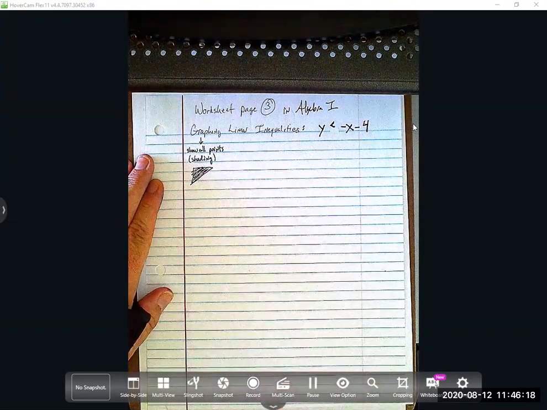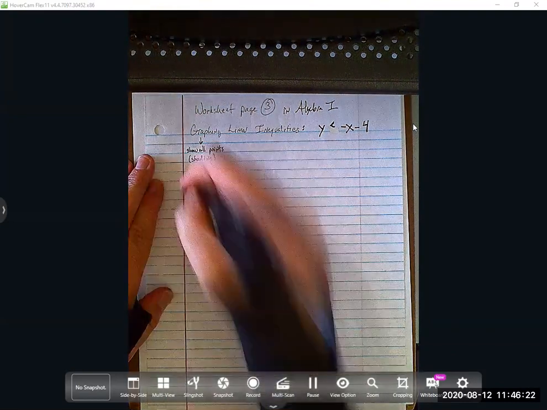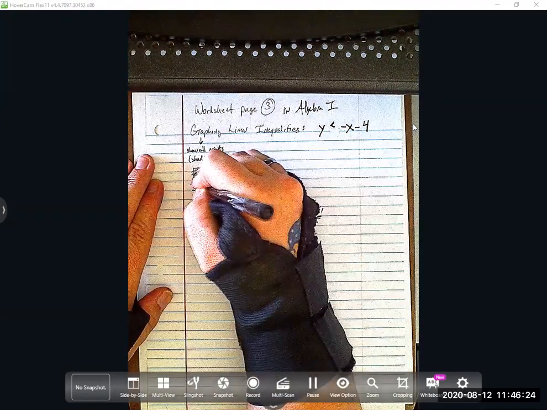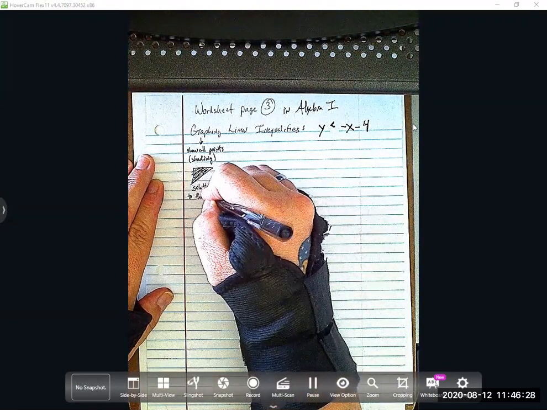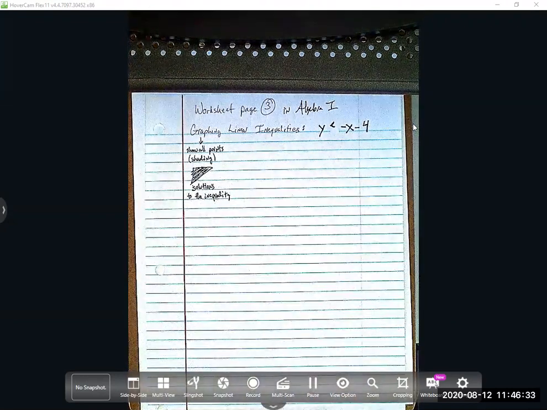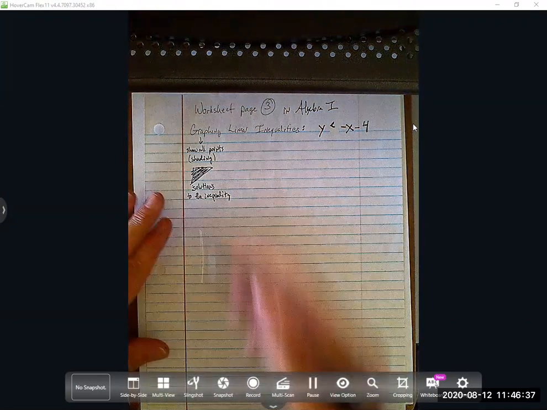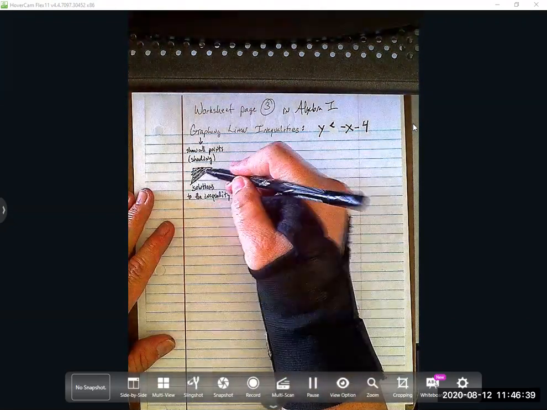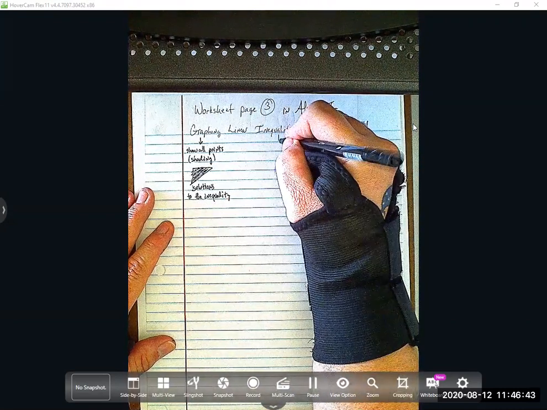So we're going to shade in part of the graph, and this part that we're shading represents solutions to the inequality. So to figure out where there's two parts of this triangle you need to know. First of all, you need to know, is this triangle above or below something? That's where the inequality comes from.